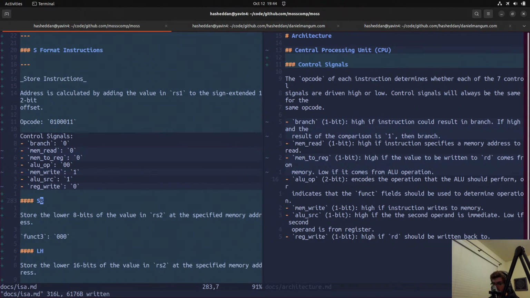ALU source 1. Yep. Mem to reg 0. Okay, so I think it's actually a don't care.